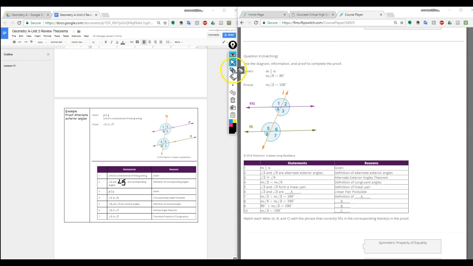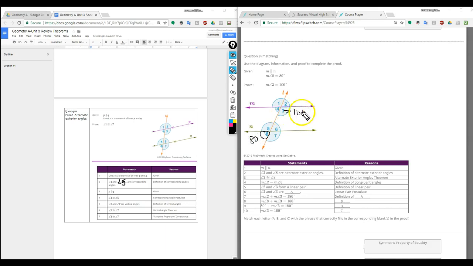Okay, so we want to prove that this angle right here is 100 degrees. So we first think, well, what's the relationship between angle 3 and angle 8? We're not given that angle 8 is 100 degrees, we're given that it's 80.